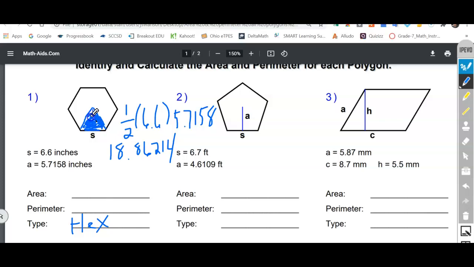How many triangles can I get on this if I draw a line from my center point to each vertex? How many triangles do I get? 5 more, right? There'd be 6 total. So I would take this 18.86214 times 6, all 6 triangles.